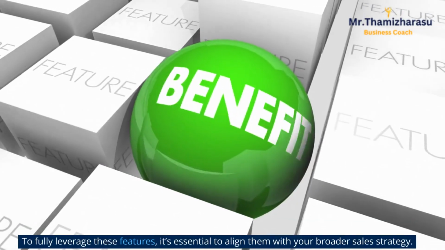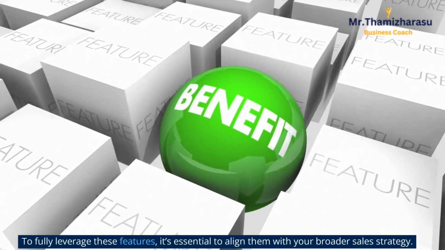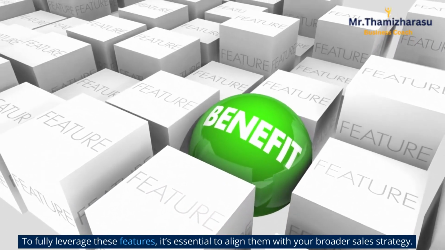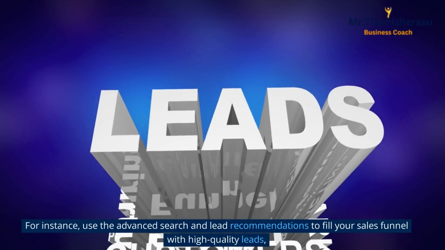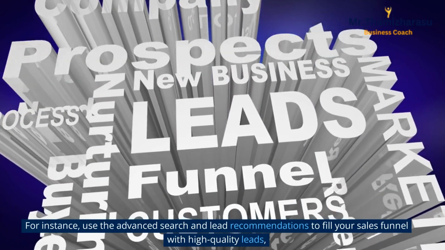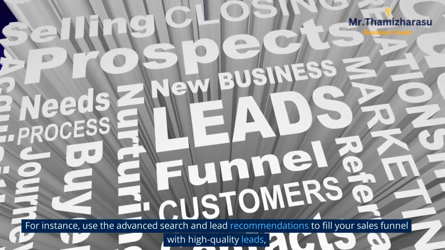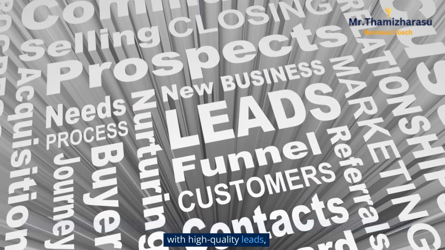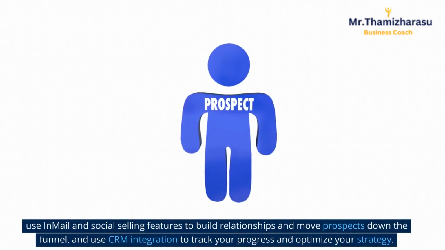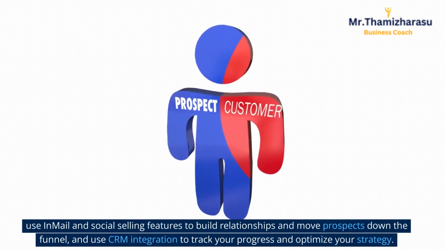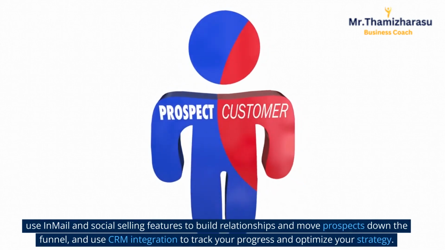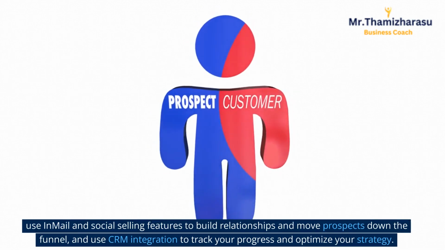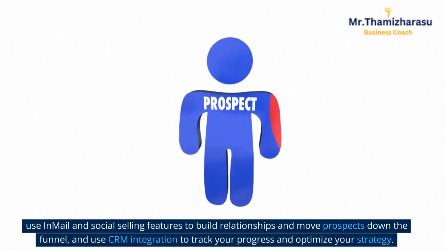To fully leverage these features, it's essential to align them with your broader sales strategy. For instance, use the advanced search and lead recommendations to fill your sales funnel with high-quality leads. Use InMail and social selling features to build relationships and move prospects down the funnel, and use CRM integration to track your progress and optimize your strategy.